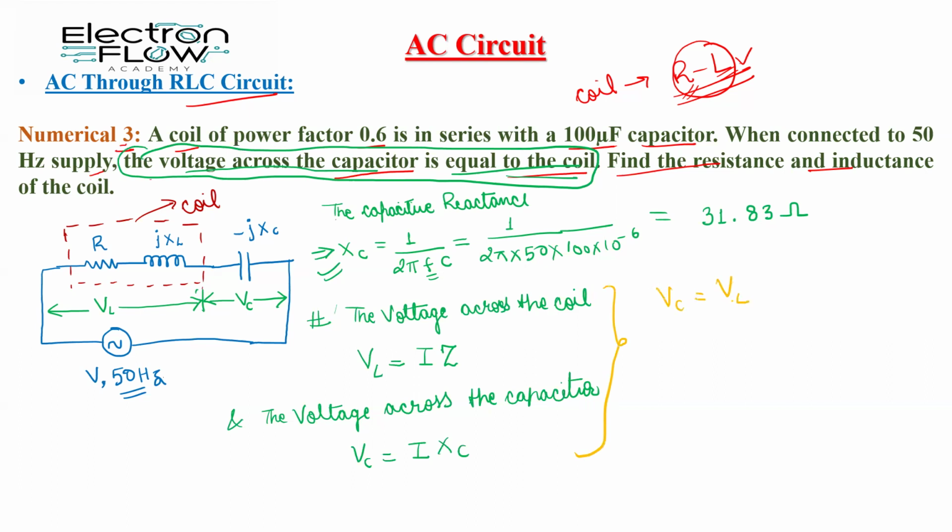So let's put the values: Vc is equal to I times Xc, which is equal to I times impedance. From here we can see that the current is cancelling, so the formula is now Z is equal to Xc. So we have calculated the value of Z.